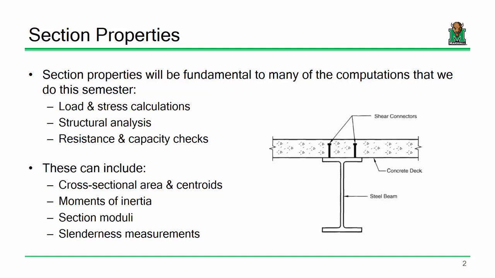Things like its area, its centroids, its moments of inertia, section moduli, all of that stuff. That's the type of stuff that I'm talking about when I say section properties. Everybody okay with that? Okay.